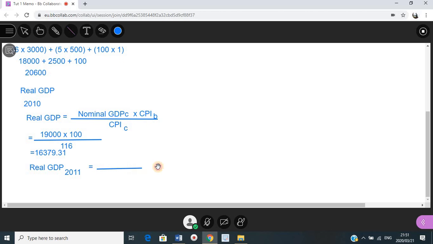We know the GDP for 2011 is 20,600 times 100 divided by 120.